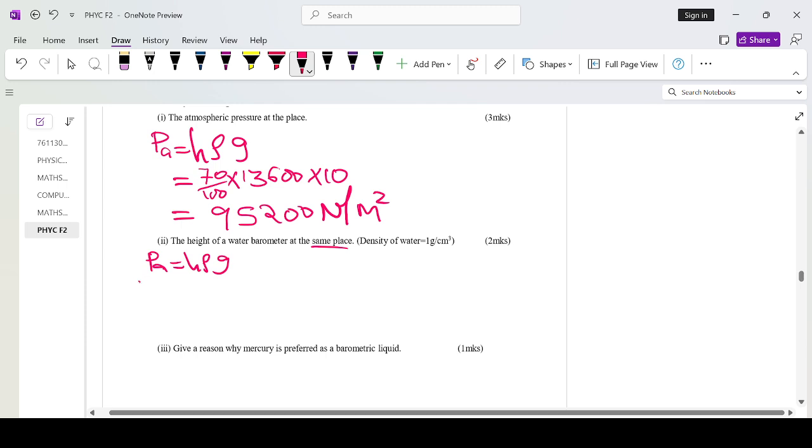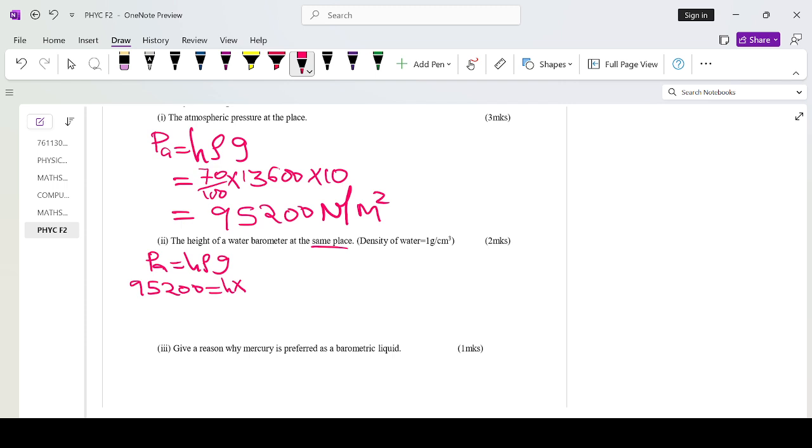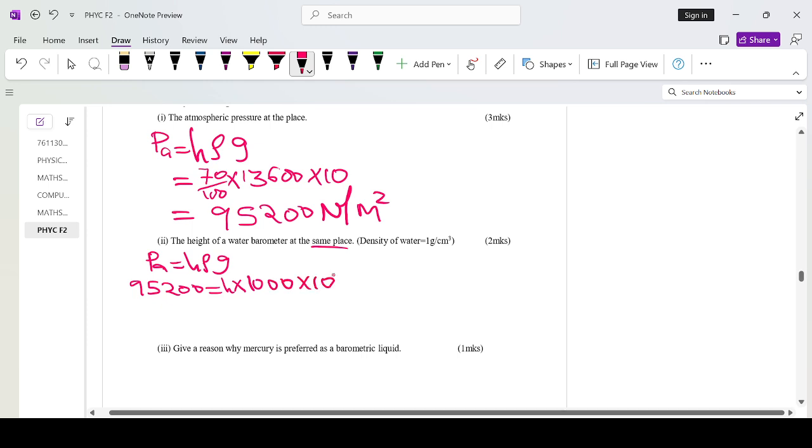So that is 95,200 should be equal to the height, which you don't know, times the density of water. We've been given 1 gram per cubic centimeter. You convert it into kilogram per cubic meter by multiplying it by 1,000. So that will become 1,000 times 10.